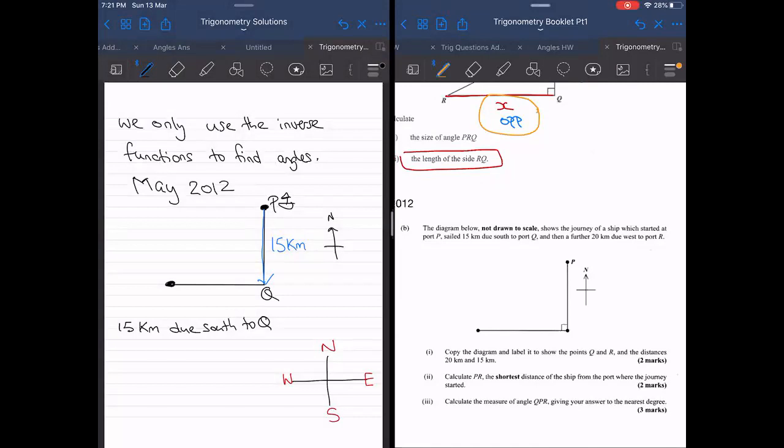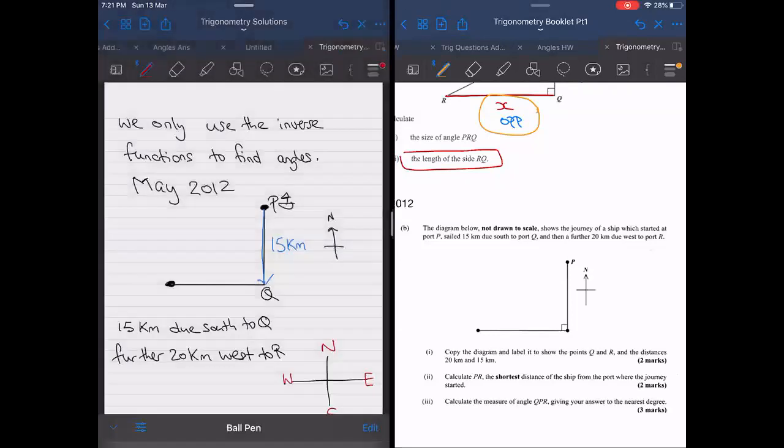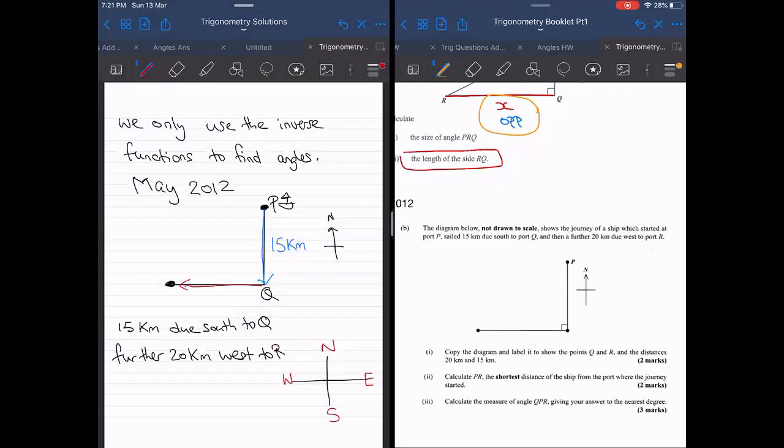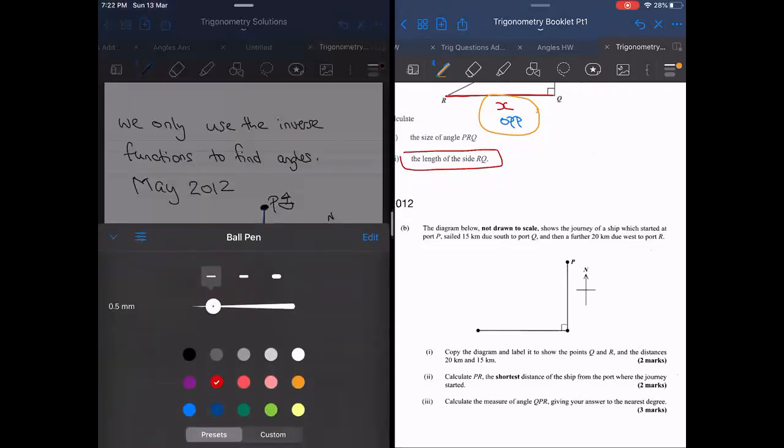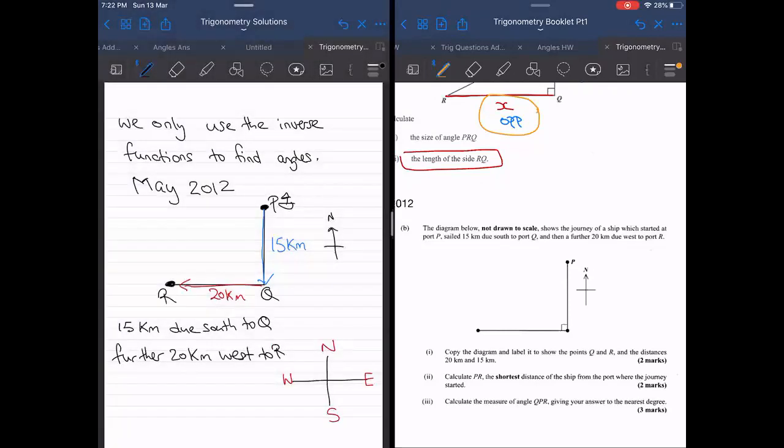So he's already at Q. And then he went a further 20 kilometers west to R, which therefore means he went west 20 kilometers and ended up at R. All right, so that would be your 2 marks for the first part.